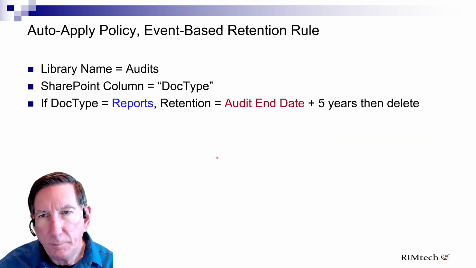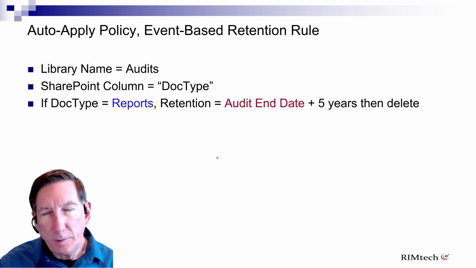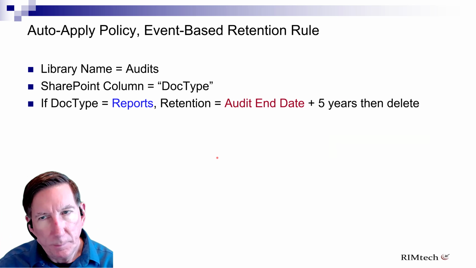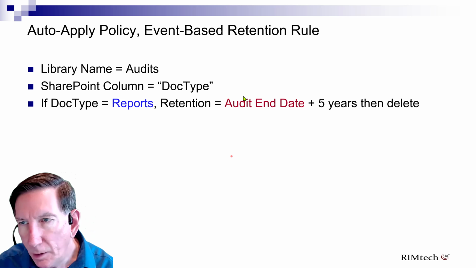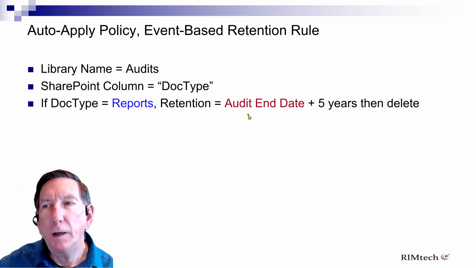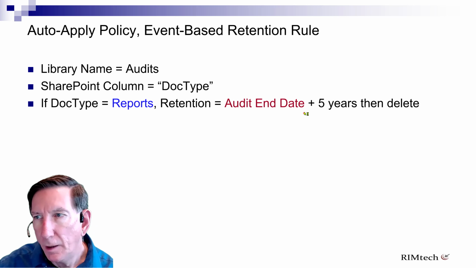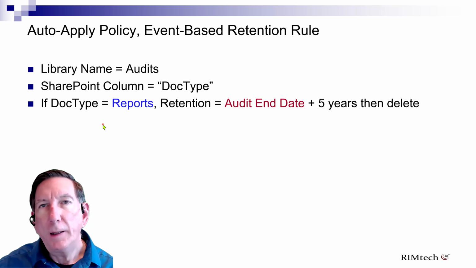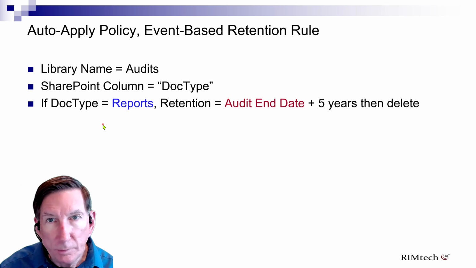But in this case, we want a value in the list called reports. If the document type equals reports, then we want this retention rule. Audit end date, that's the trigger, right? It's an event-driven end date, plus 5 years, then delete. Okay? That's what we're going to do.